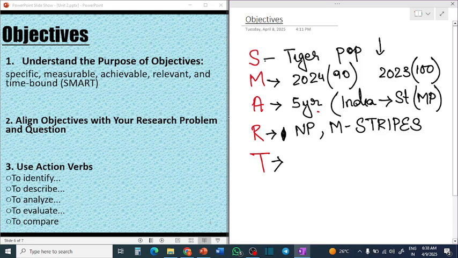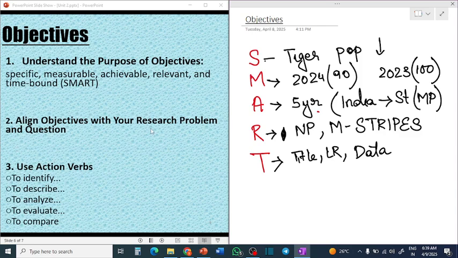Your research should be time bound. You should have an idea, when you describe the title, of how much time you need for the literature review, for collecting all the data, and for preparing the thesis. So it should be on a time bound basis.